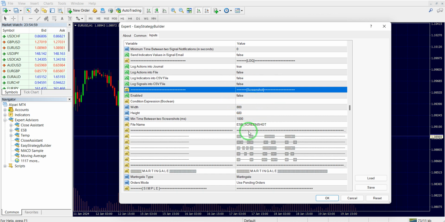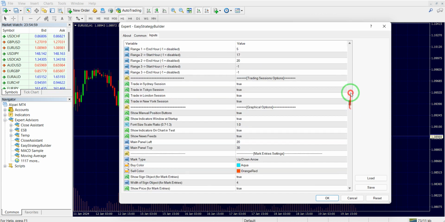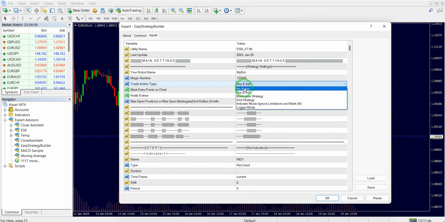After advanced settings, we have martingale settings. If your strategy is martingale, here you can set the strategy to be martingale or grid.